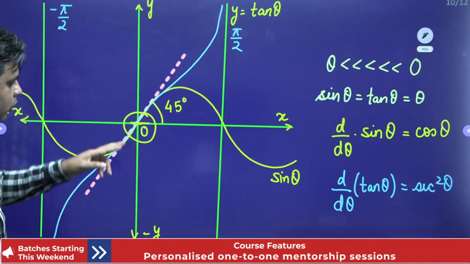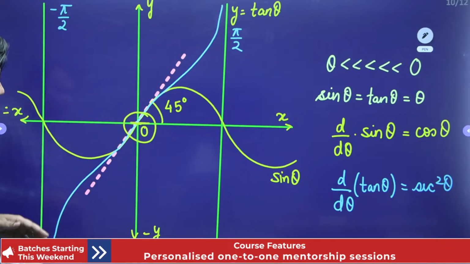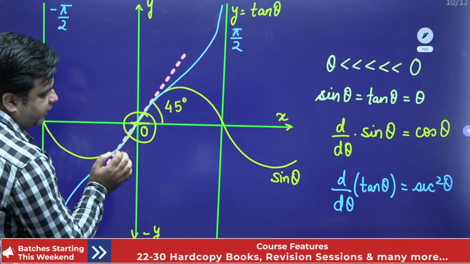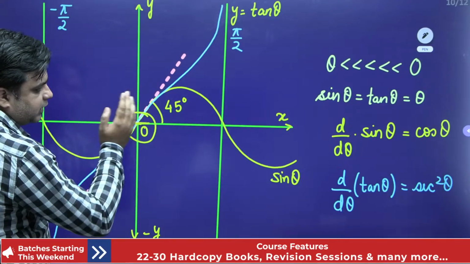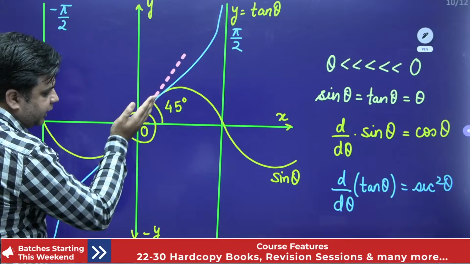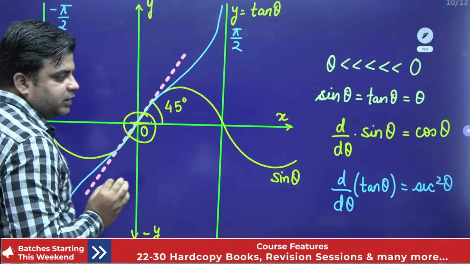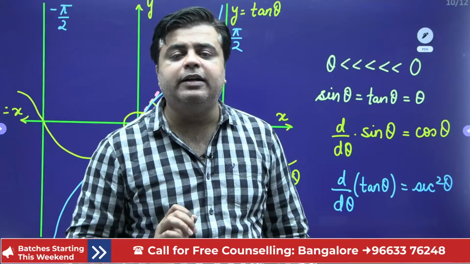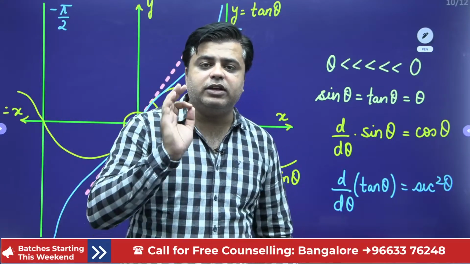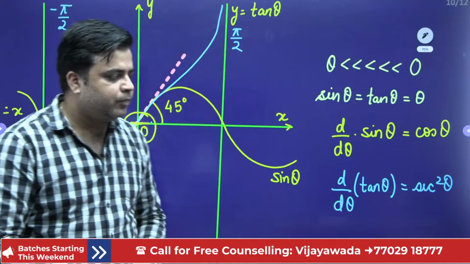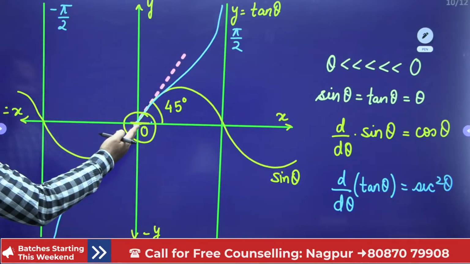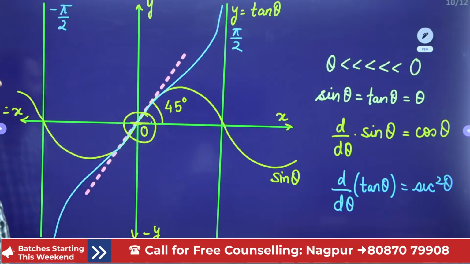And when you look into this, you will find that at or around 0 degree, both of these curves, sin theta and tan theta, overlap each other. And if two curves overlap each other, it means that both of them have the same value of the function. So if theta is very small, your sin theta and tan theta overlap each other.